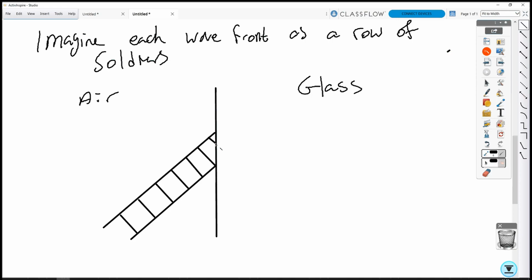So if I draw the next line, half of it remains in the air. The next half has already entered the glass. In the glass, however, they're going to move slower. So they're not going to move as far. So we're going to have these soldiers moving less.